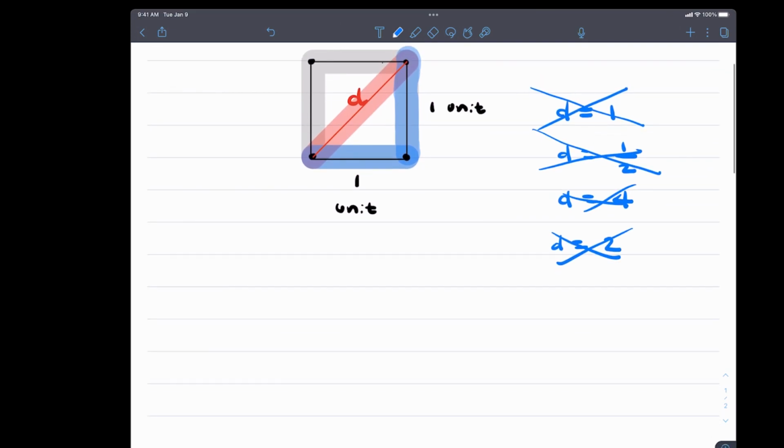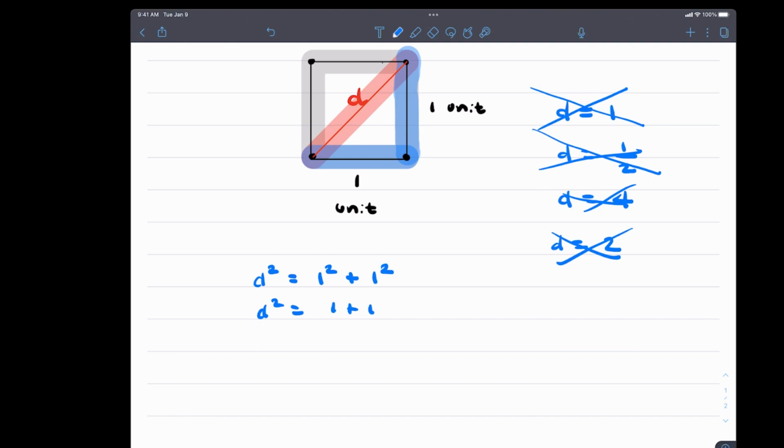So, okay, Pythagorean Theorem. D squared is 1 squared plus 1 squared. You guys, maybe you might have seen that somewhere. That the diagonal distance squared is 1 squared plus 1 squared. These are called the legs. And so you get d squared being 1 plus 1, or you get d squared being the number 2.